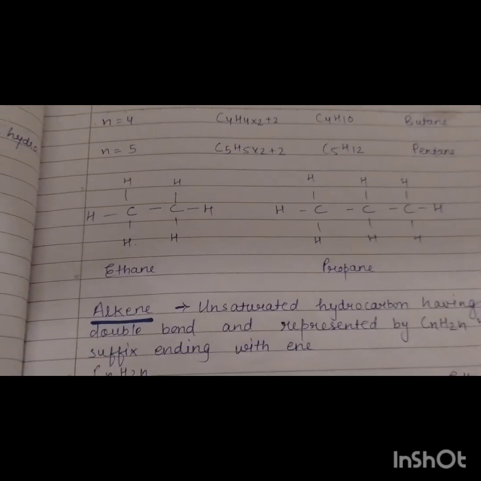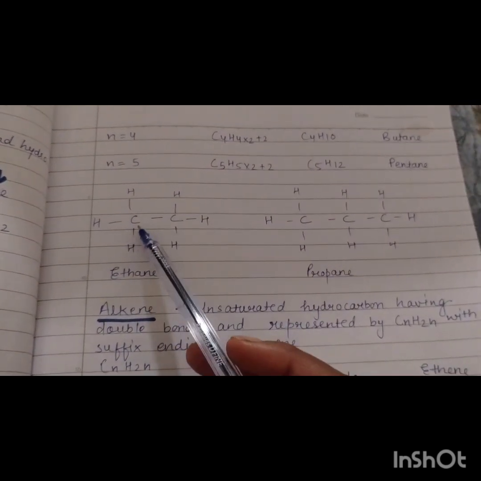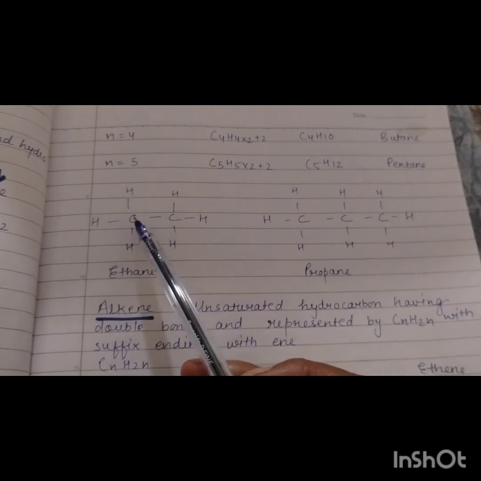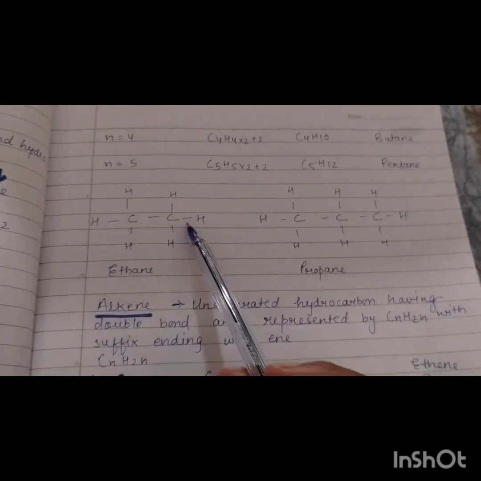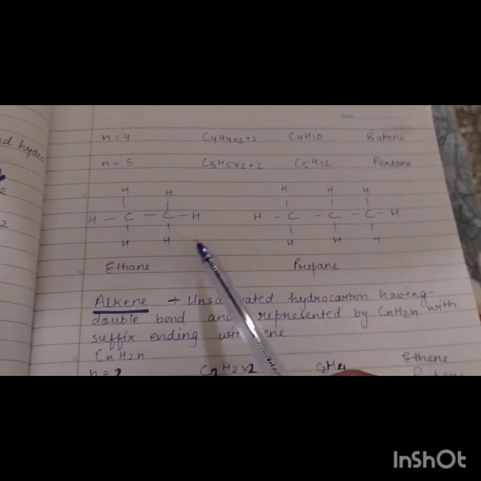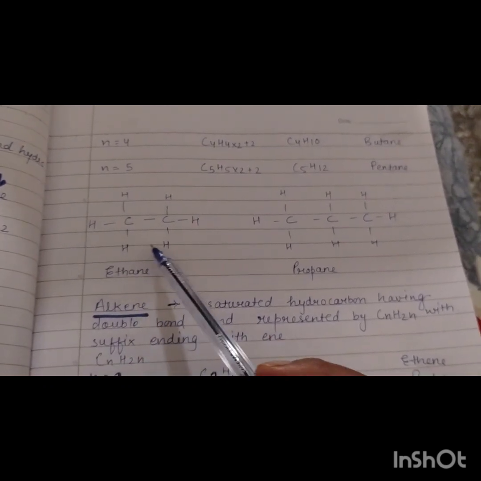Here, what is the configuration of ethane? The number of carbons is 2, carbon 1 and carbon 2, surrounded by 3 hydrogens here and 3 hydrogens there.